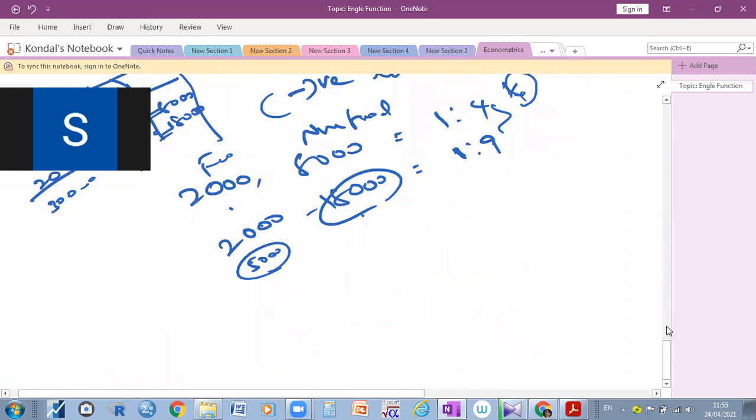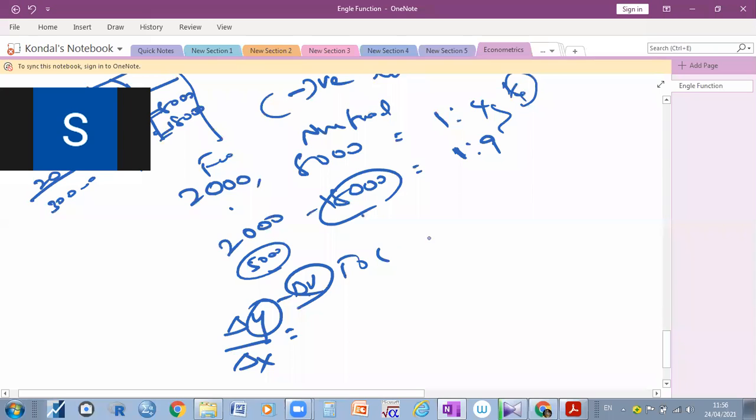For example, here, how are we going to measure that slope? As I mentioned, that is delta y by delta x. Here, y is the dependent variable, total expenditure, which is a proxy for income.